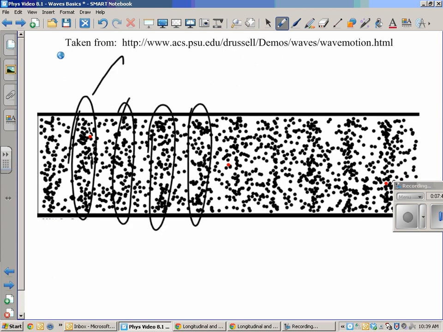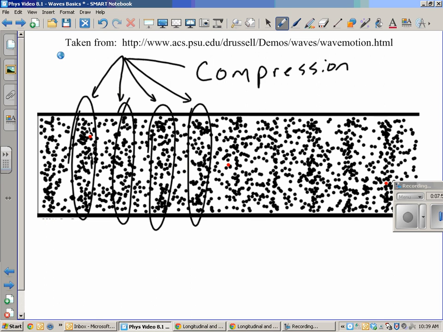Those points are called compressions. In fact, a longitudinal wave is often called a compression wave. Those are sort of analogous to the crest of a transverse wave.